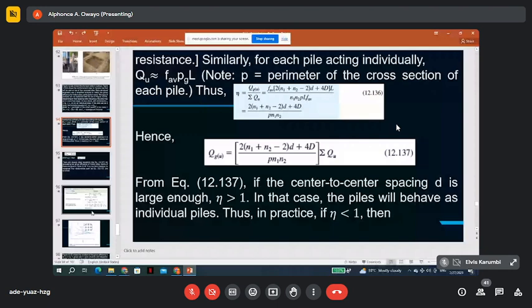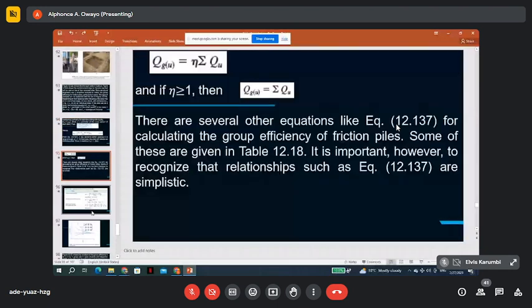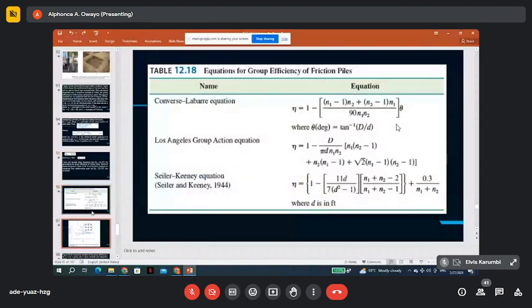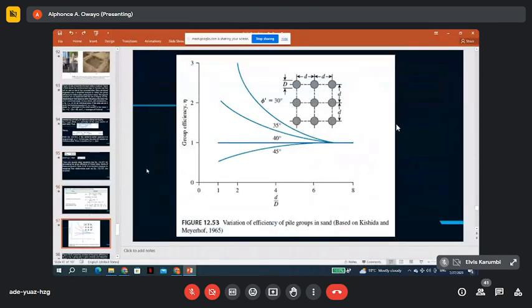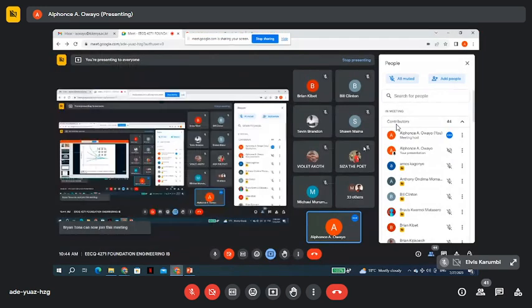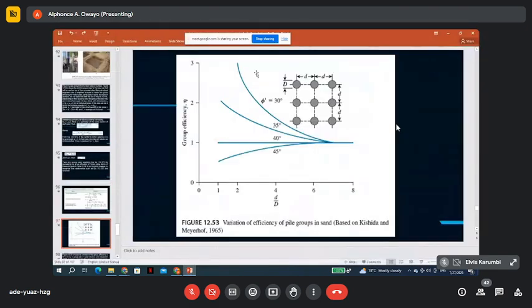So now, instead of all those complicated formulas, we have a nice curve here. Because this is a frictional pile, basically these are friction piles, the point bearing is usually ignored.